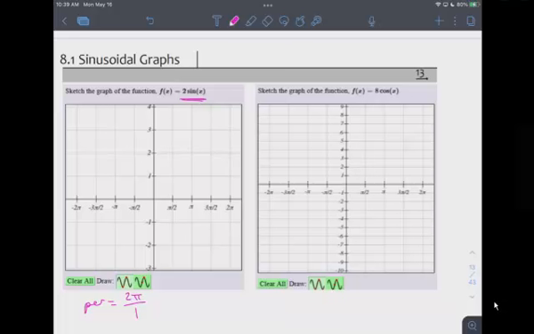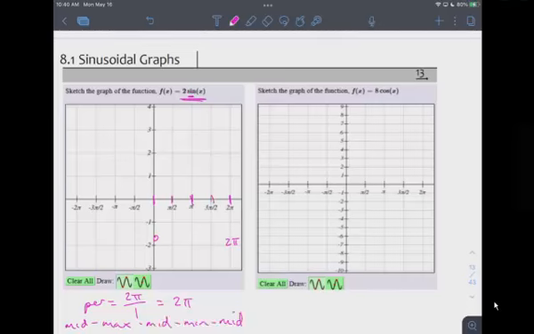That means it repeats during one period of 2 pi, so it goes from 0 to 2 pi. We cut that in half and cut each of those halves in half, so here are our 5 critical points. A sine goes from midline to maximum to midline to minimum, back to midline.